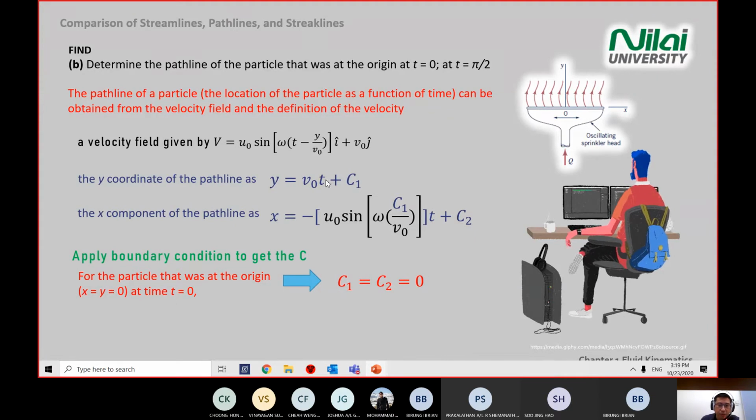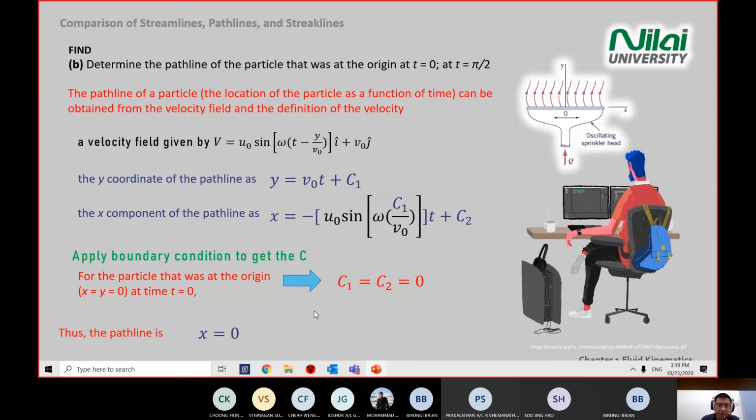Because t equal to 0, y is 0, so your C1 equal to 0. And then for the second equation, your C1 is 0, so this one is 0, t is 0, so this whole thing is 0, x is 0, so C2 equal to 0. Then you rearrange these two equations with the coefficient values. In this case, the coefficient value equals 0.